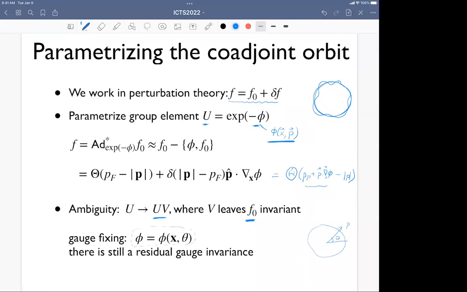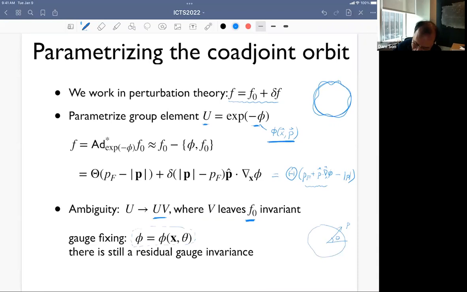Sorry, what is the gauge symmetry that is being fixed? Here it is the multiplication of u on the right by an element of the group that leaves F0 invariant. We can access the same point on the coadjoint orbit by an infinite number of different elements of the group, by different canonical transformations.